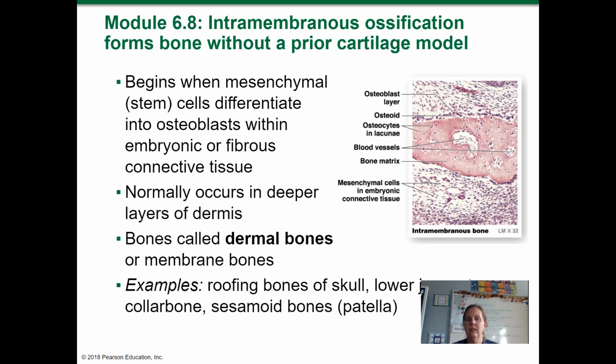Remember, osteoblasts do the building up, okay, of the calcium buildup. Okay, and this is going to happen in deeper layers of the dermis. So these types of bones are called dermal bones or membranous bones. So this is like bones of the skull. But there are also going to be other flat bones and irregular bones like sesamoid bones and collarbones.